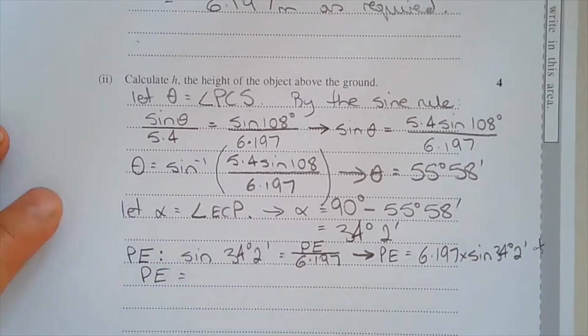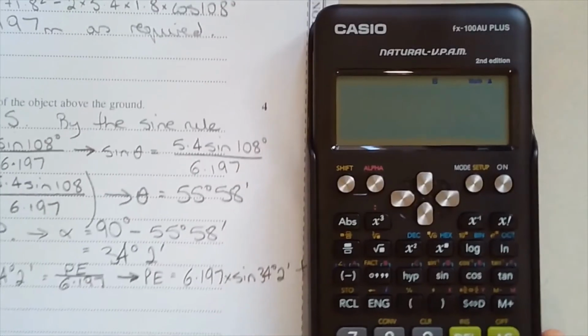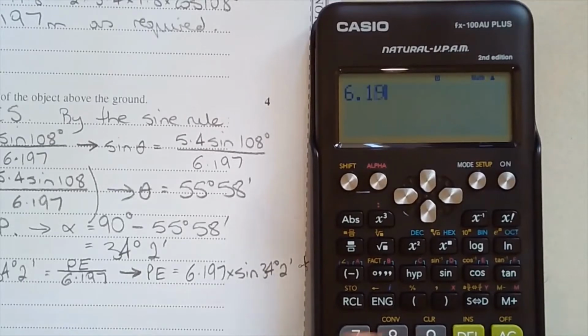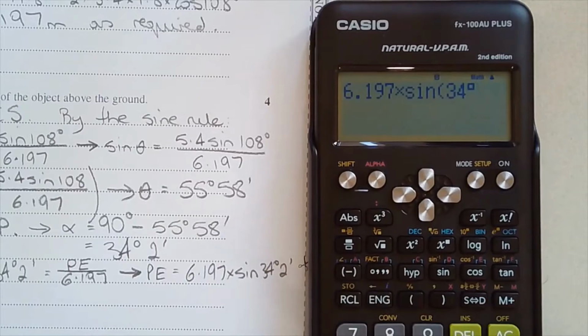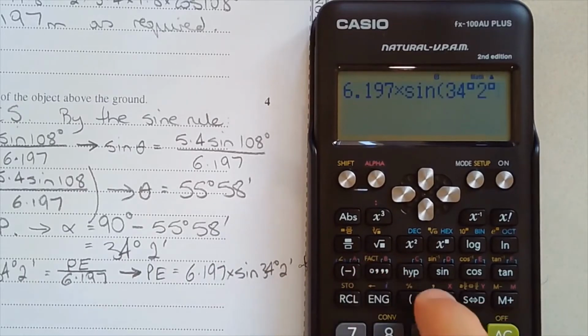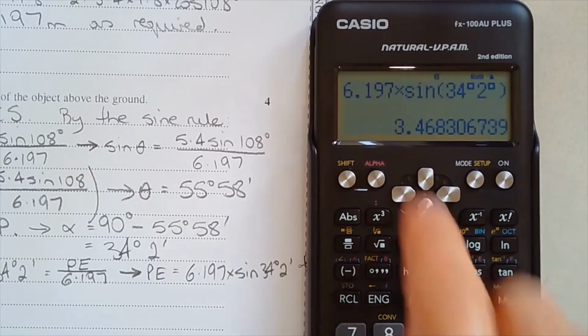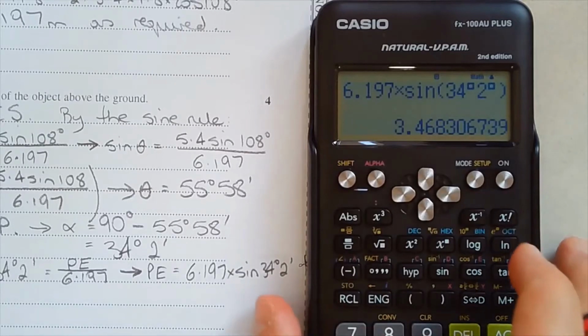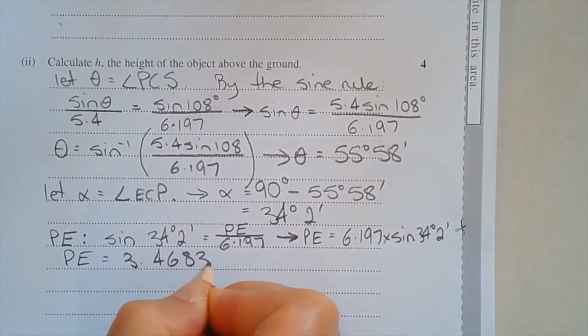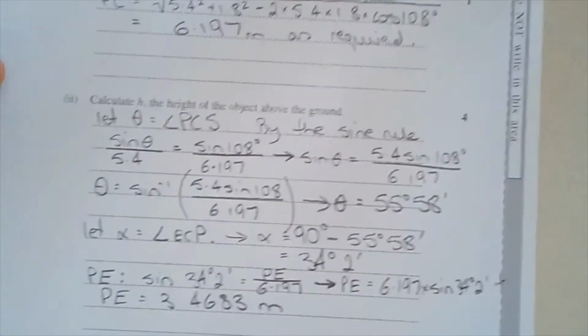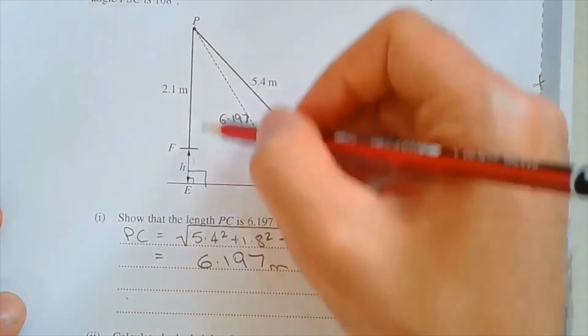So let's evaluate this one: 6.197 multiplied by sine 34 degrees, 2 minutes, and we get 3.4683. So that's this whole length here, PE.